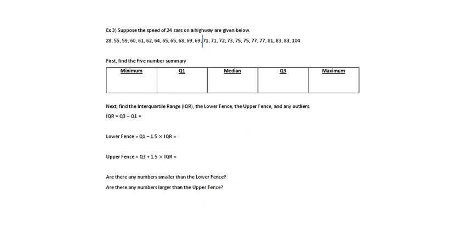And now I'll divide it into 6 and 6. 1, 2, 3, 4, 5, 6. 1, 2, 3, 4, 5, 6, right there. All right, clearly the minimum's 28, and the max is 104. So this highway has really slow people and really fast people.